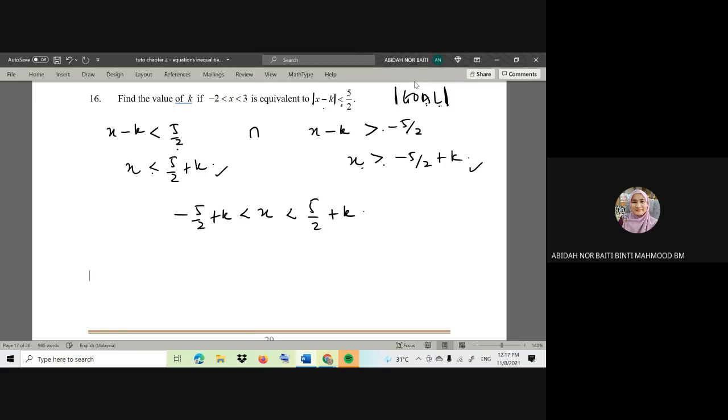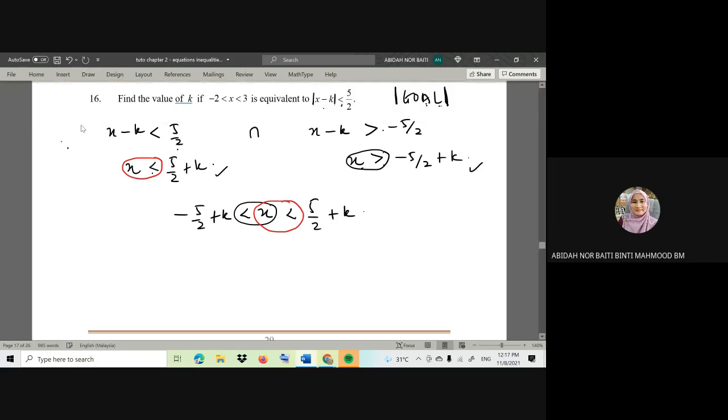Okay, kita combine jawapan dua tu. Okay, this is x greater ya. This is x less. Okay, satu greater, satu less tu. So, kita susun je.